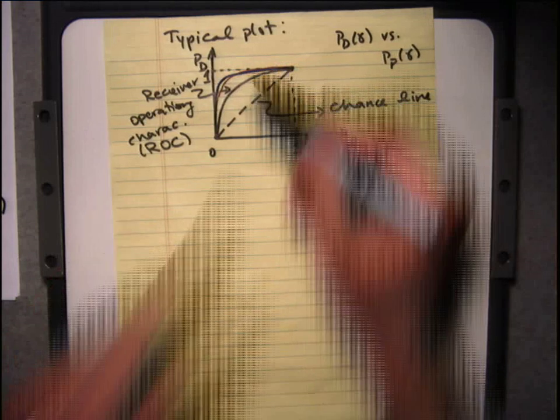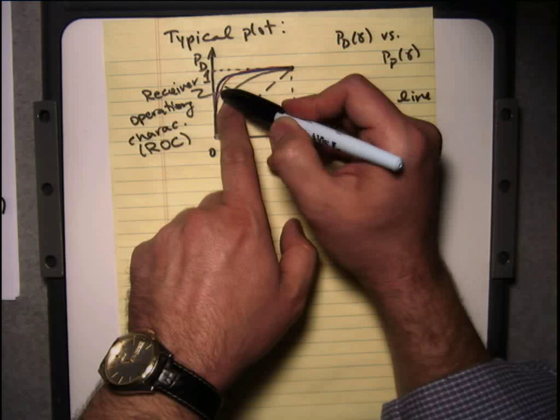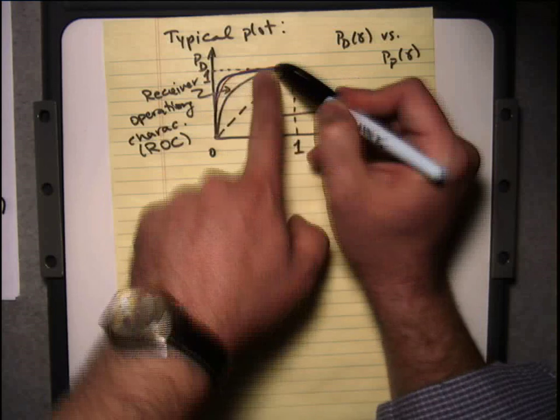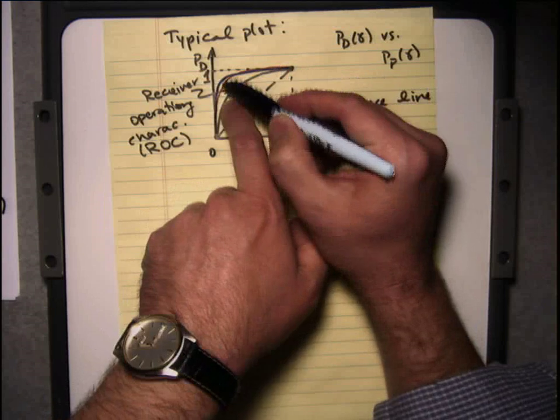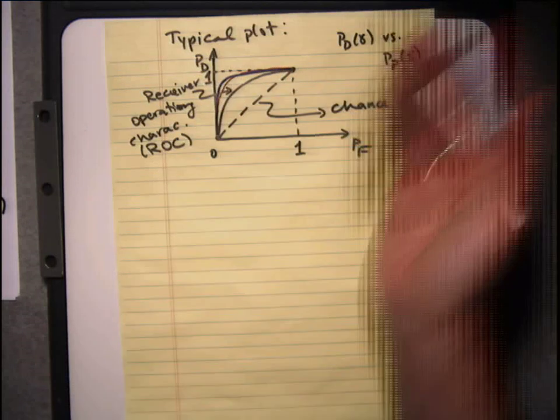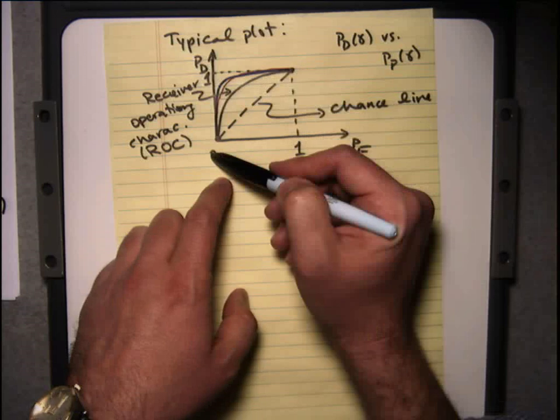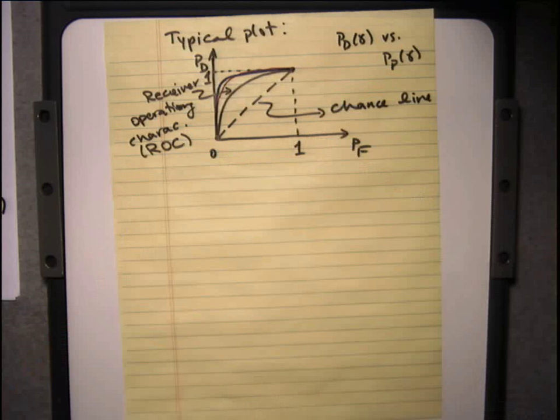So in this region the blue is better than the red because it's higher, but in this region the red is bigger than the blue. So then you have to question which one of these two is better. Well, it depends where you want to be on this curve. And that's something that's subject to more study that we will do as time goes on. But these kinds of curves are exceedingly important in engineering applications, and we'll see them again and again.